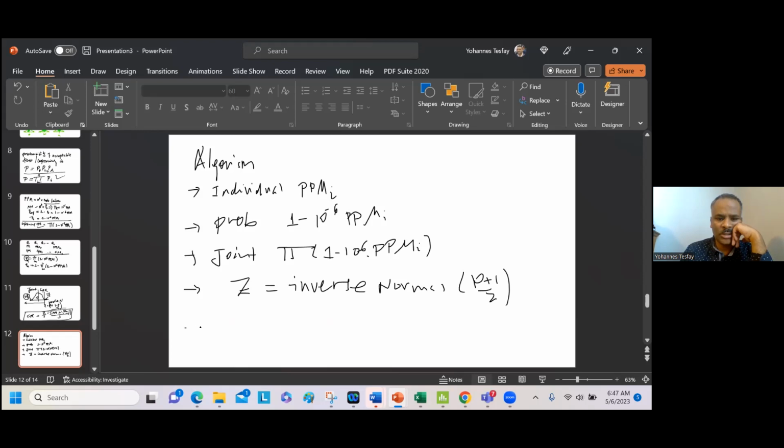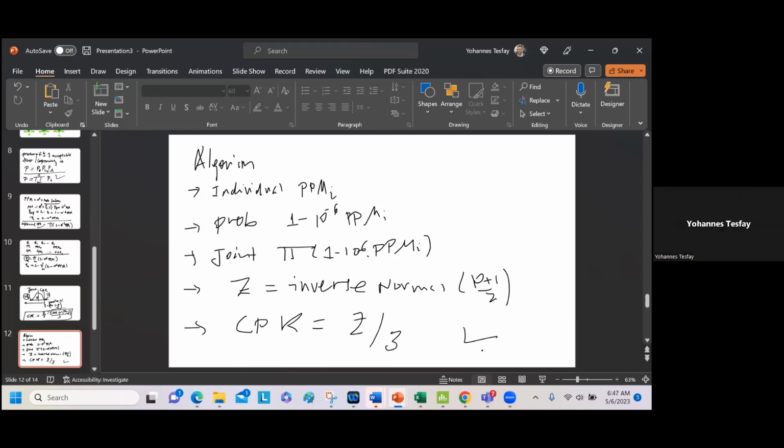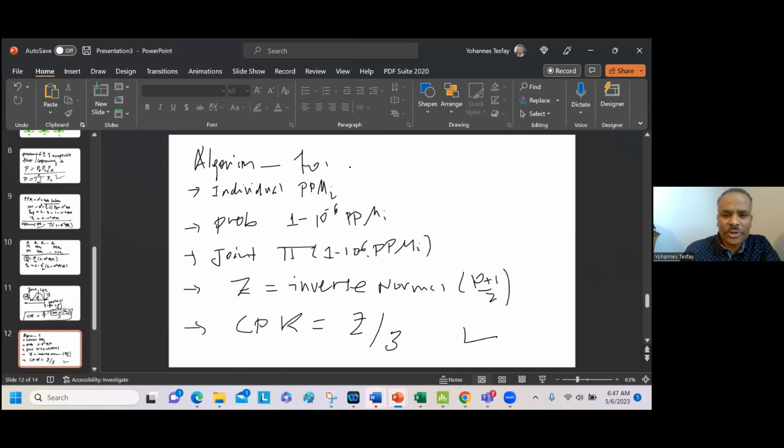Then CPK equals Z divided by 3. That's it. So that is the algorithm for the joint CPK.